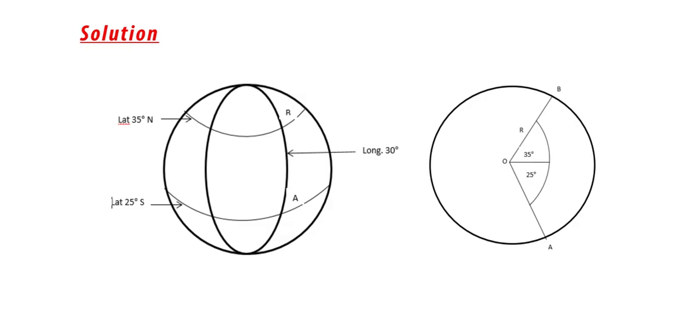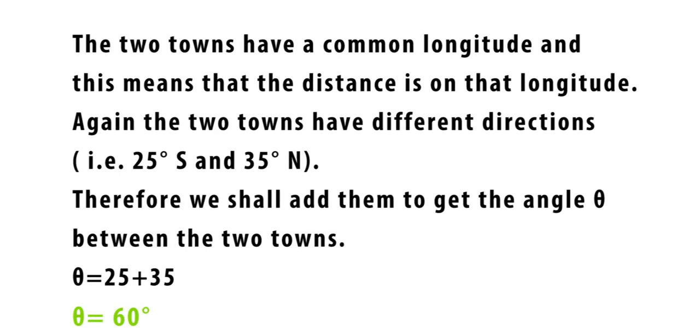That is, one is on 25 degrees south and the other 35 degrees north. Therefore, we shall add the angles to get the angle between them. That is, the angle between the two towns will be equal to 25 plus 35. Therefore, our theta is 60 degrees.